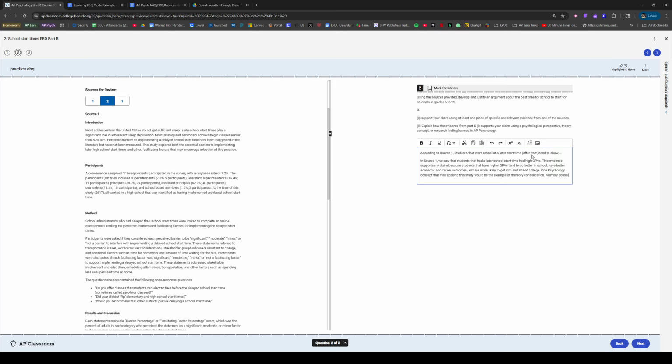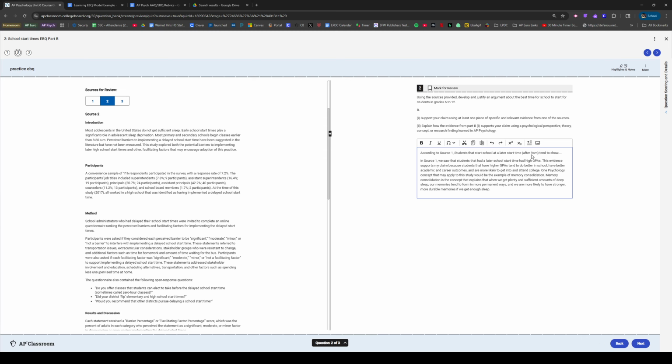Memory consolidation is the concept that explains that when we get plenty and sufficient amounts of deep sleep, our memories tend to form in more permanent ways. Sorry for the typos here. And we are more likely to have stronger, more durable memories if we get enough sleep. So I'm typing that out there.